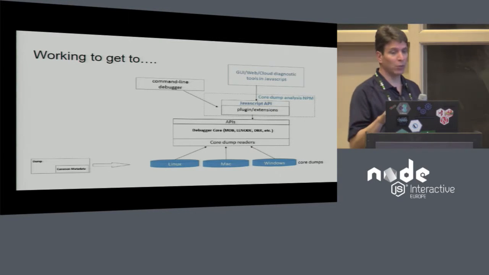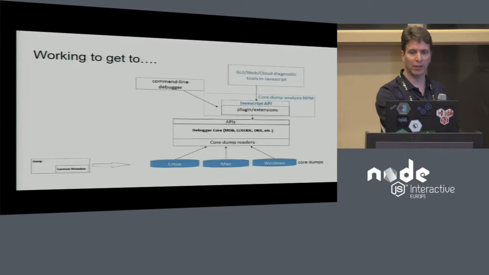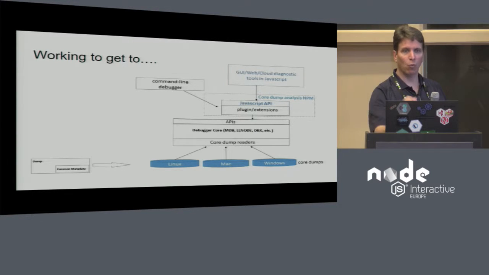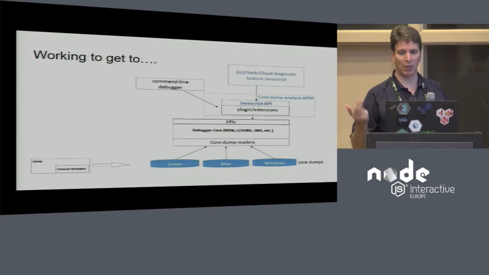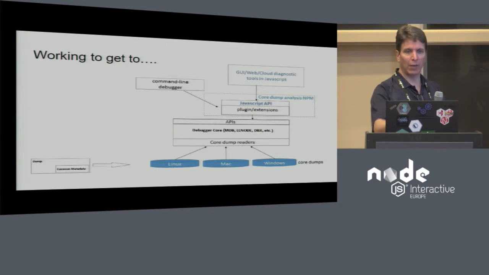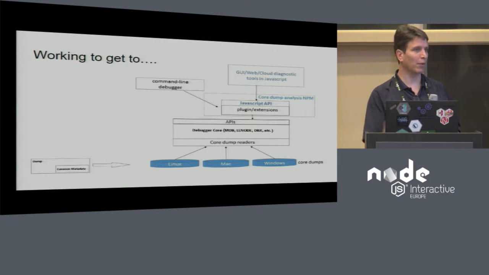The goal we're trying to get to is basically this, a picture where you have this functionality. You've got your core dump generated. You now have one or more debuggers, so MDB, LLNode, DBX, which is an AIX platform debugger. They'll have core dump readers that know how to understand core dumps, possibly from different operating systems, so you don't even necessarily have to debug your core dump on the same platform that it was generated.